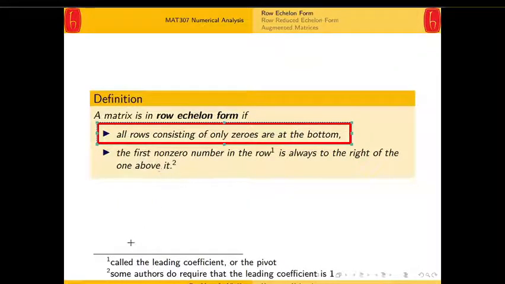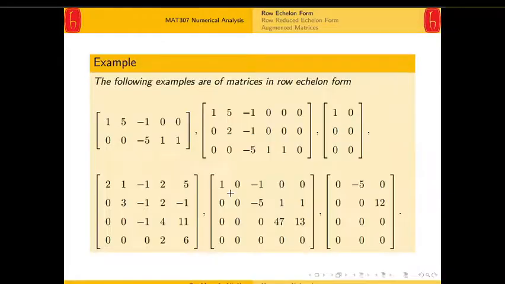Also, some authors require that the leading coefficient is 1, but in this course we don't. So this is optional, and we choose option number 2, not requiring the leading coefficient to be 1.